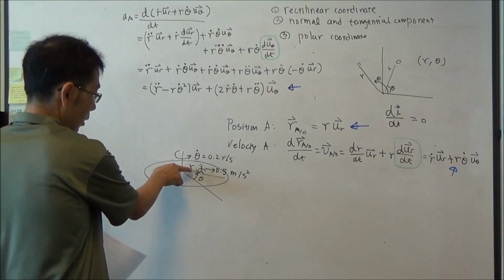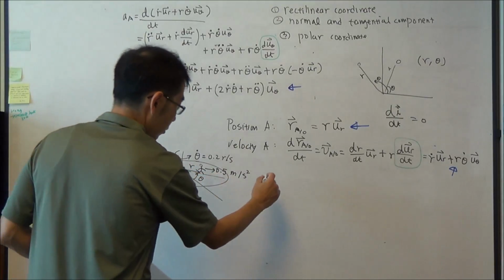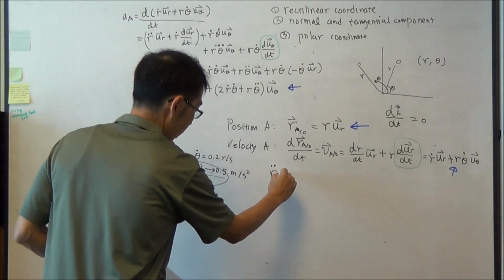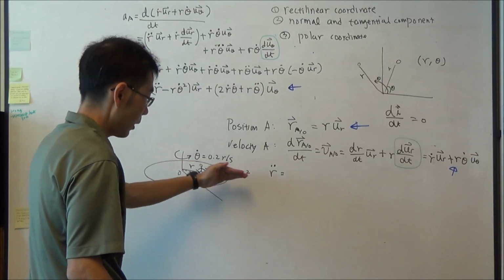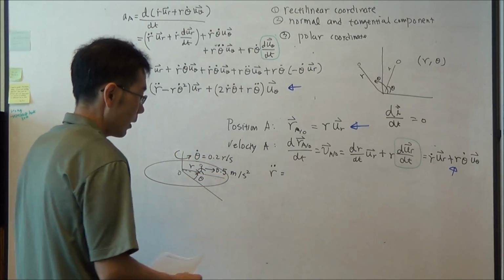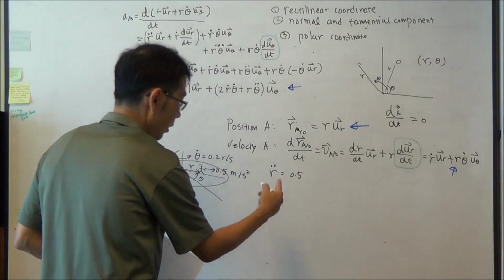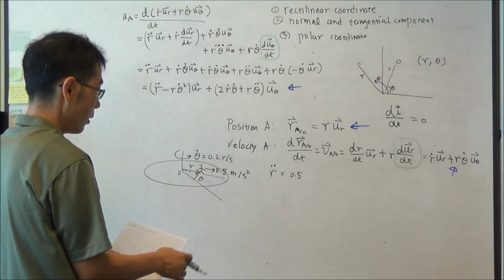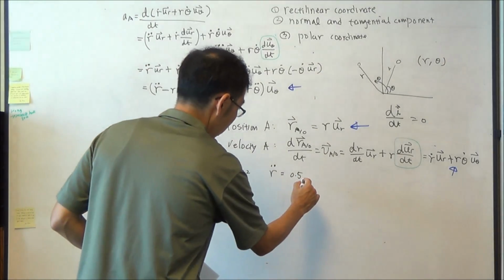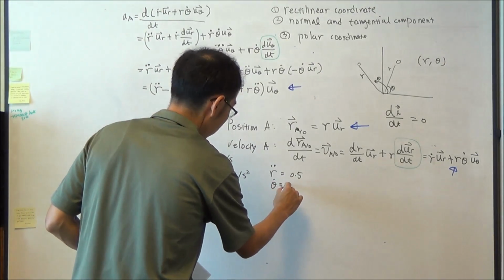Then we know that r double dot is the acceleration along this radial direction, which is 0.5. Let me omit the units right now. And then our given condition is theta dot is 0.2.